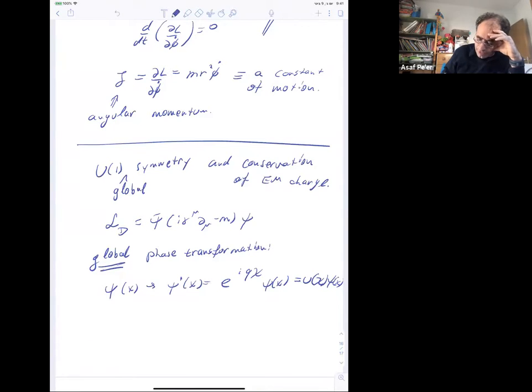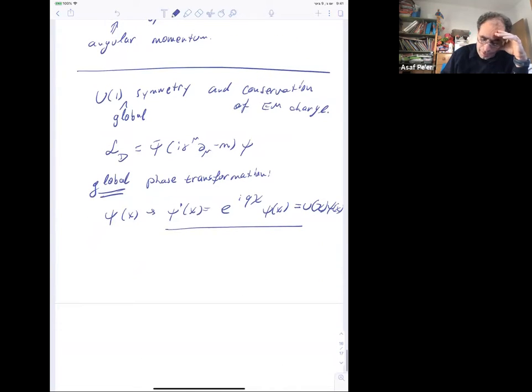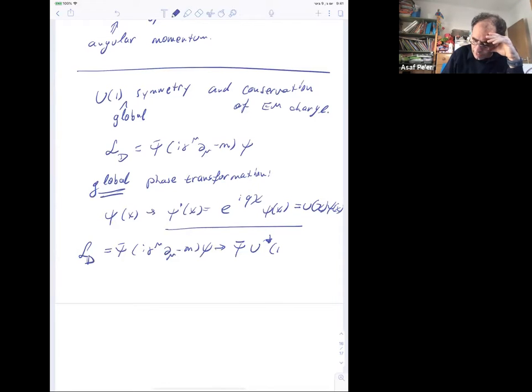But when I make this transformation, which is a transformation that I can make, and I look at the Lagrangian, L_Dirac, ψ̄(iγ^μ∂_μ − m)ψ, the transformed one would be ψ̄ U* (Hermitian conjugate), (iγ^μ∂_μ − m) U ψ.